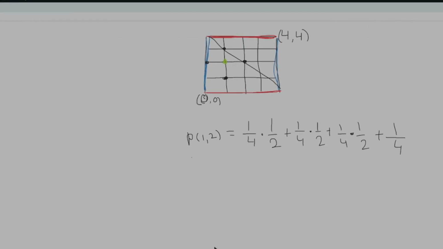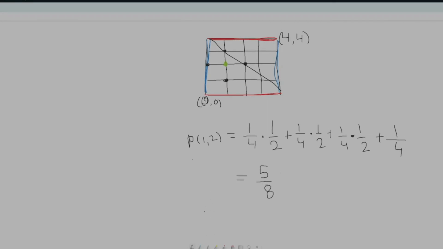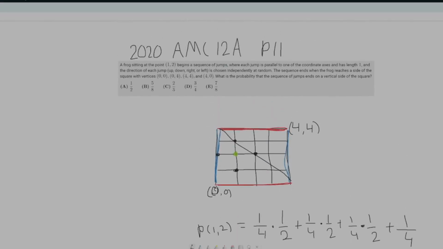And this is just equal to 5 over 8. Let's see, 1 over 8, 1 over 8, 1 over 8, 2 over 8, 5 over 8, yes. So that means the answer to this problem is B.